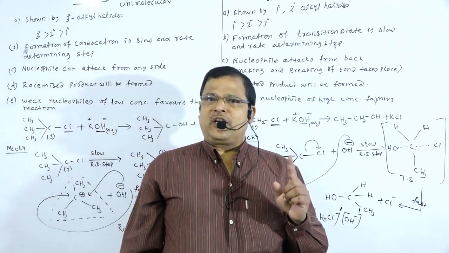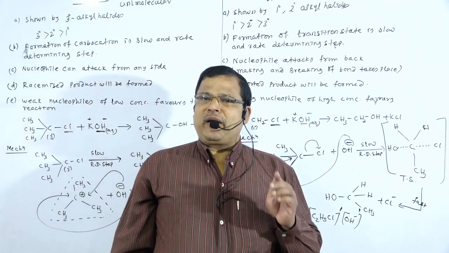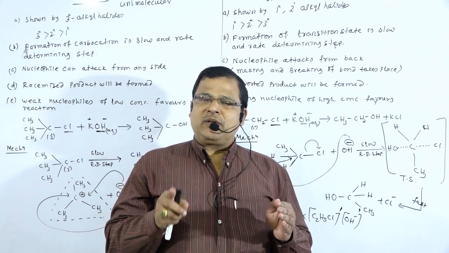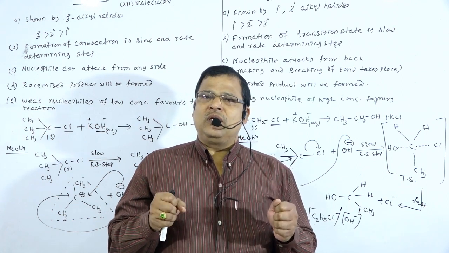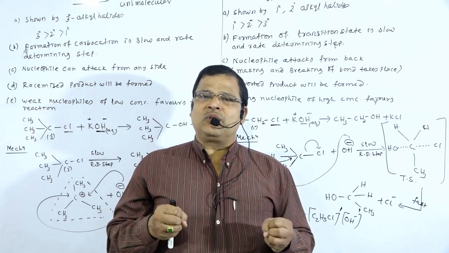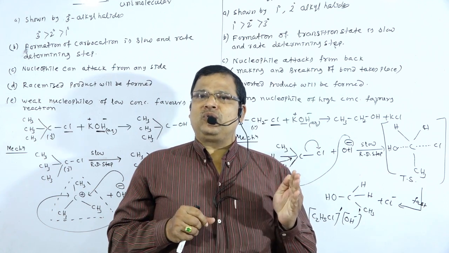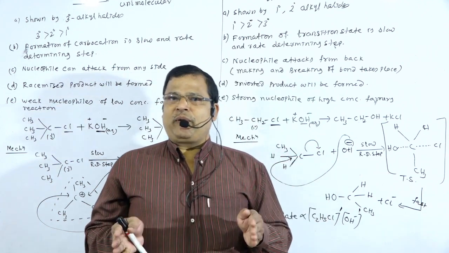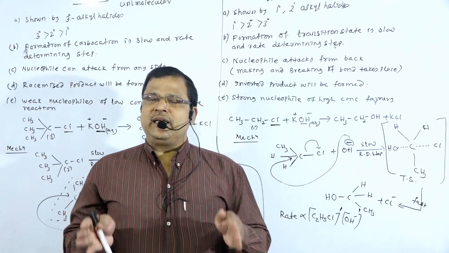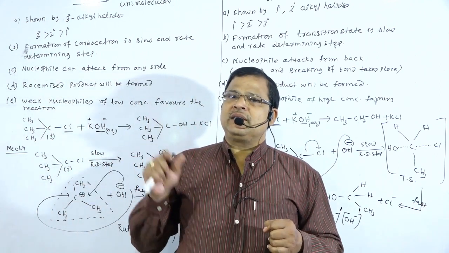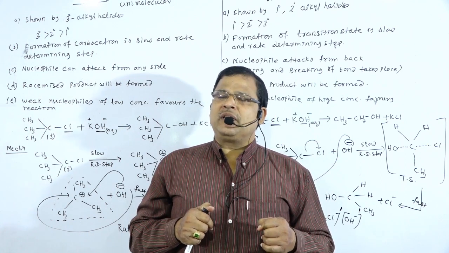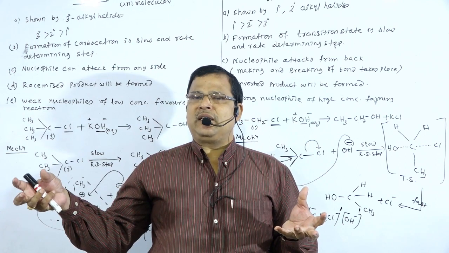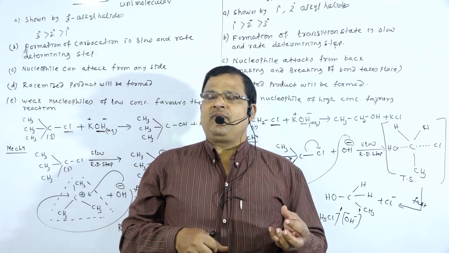Since in the rate determining step there is the involvement of the nucleophile OH minus, if the strength and concentration of the nucleophile are more, that will favor the SN2 mechanism. But in case of SN1, weak nucleophiles and low concentration nucleophiles will favor the SN1 mechanism, because when the carbocation is formed, only OH minus or CN minus will get attached to that position.